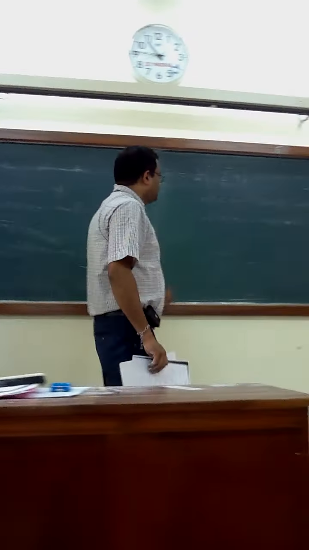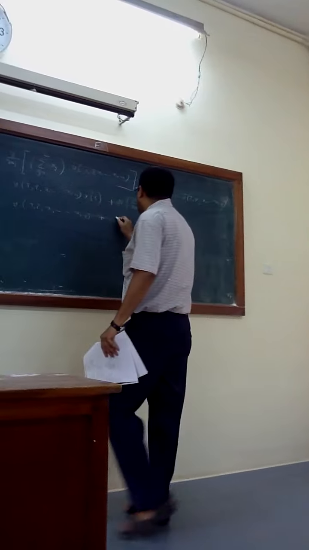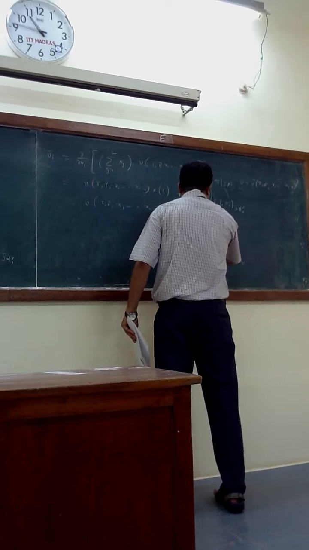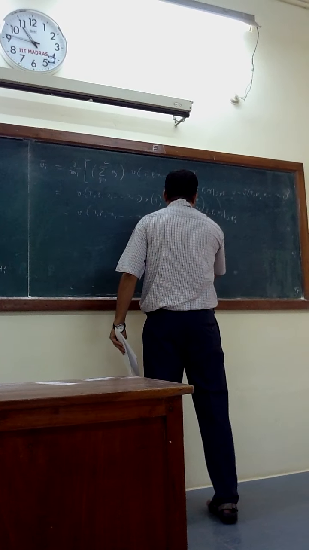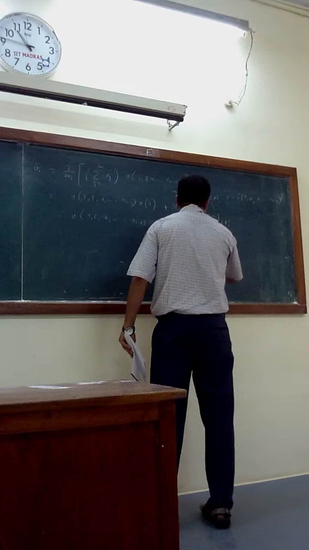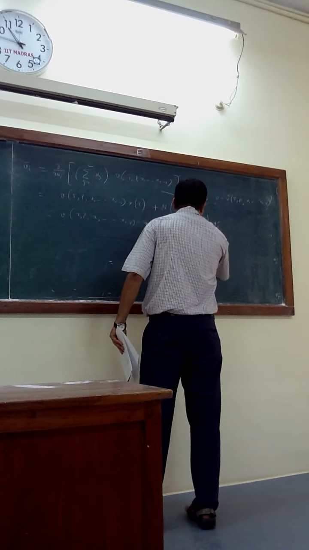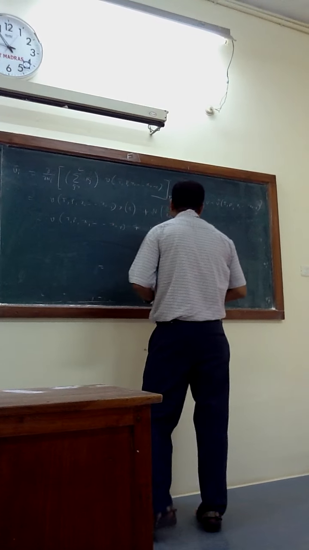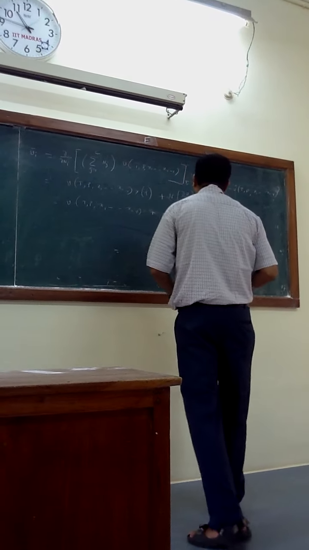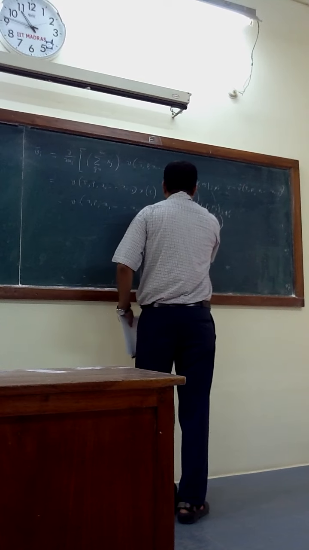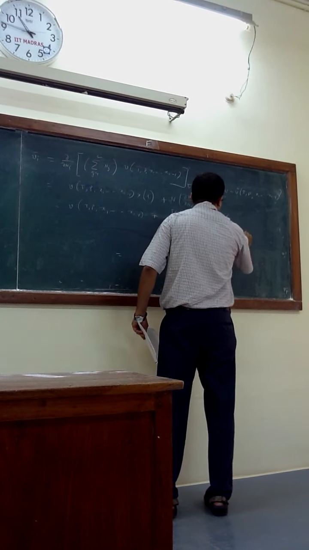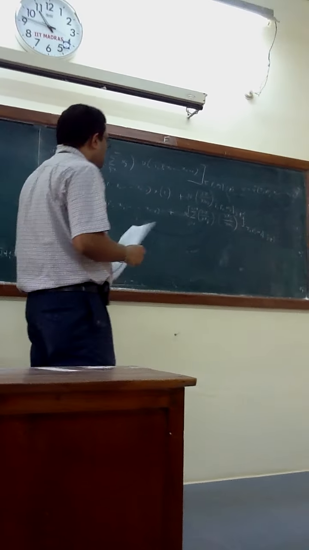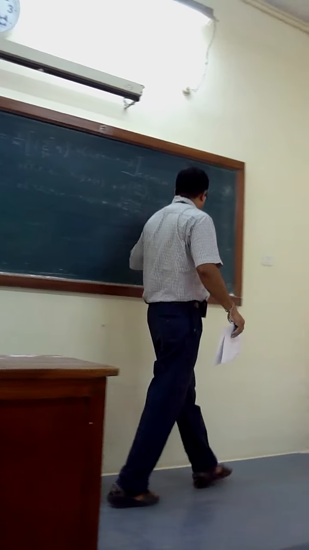We can write ∂V/∂x_j into ∂x_j/∂n_i, with summation j equals 1 to c minus 1. Correct? This is at T, P, n_j not equal to i. ∂V/∂x_j you can just keep it, and ∂x_j/∂n_i.